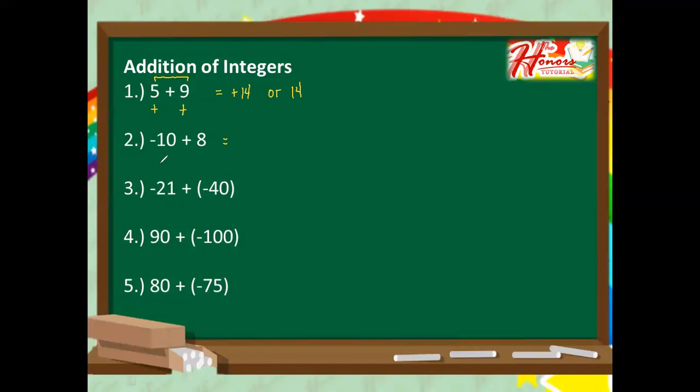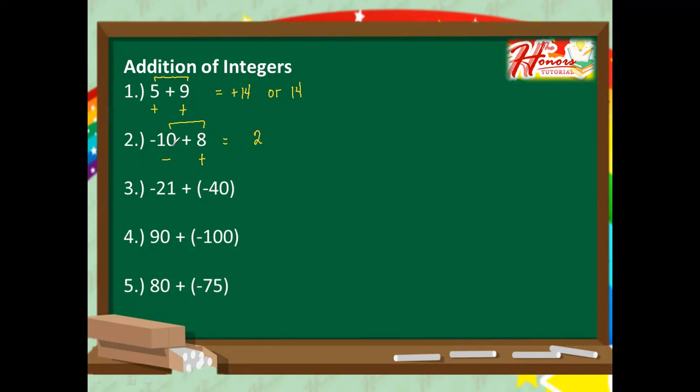So this is a negative number and a positive number. So we have here negative 10 and positive 8. If that is the case, we have here an opposite sign. So we have here negative and positive. What we are going to do is to subtract the numbers because we have different signs, a negative and a positive. Always remember that. So 10 and 8. So 10 minus 8, so that is 2.